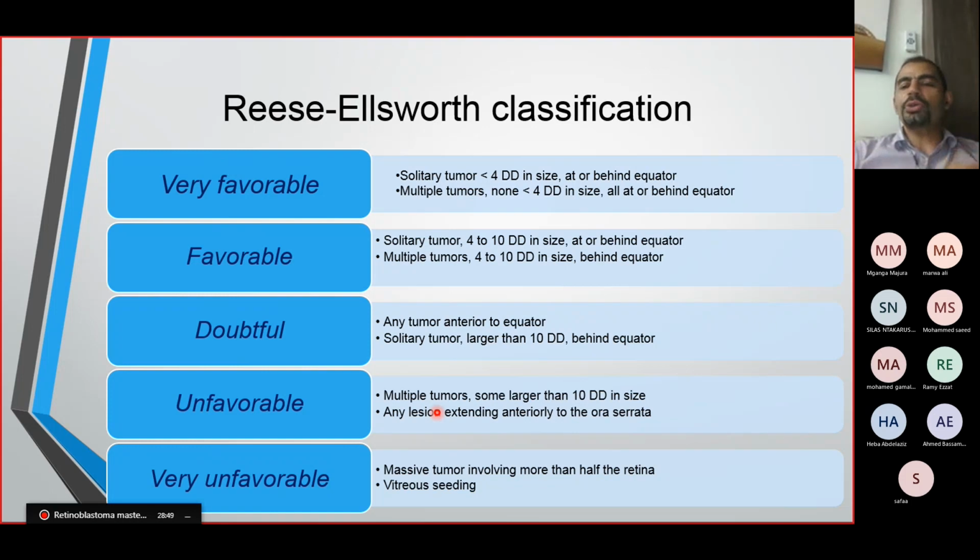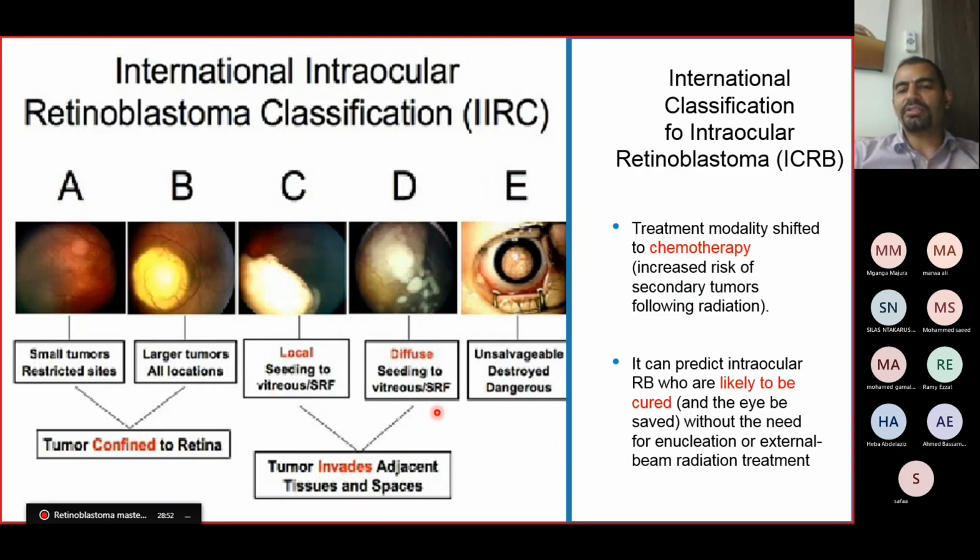What we actually use at the moment is the international classification of retinoblastoma. Nowadays, we use chemotherapy because irradiation was, firstly, not very effective, and it had a higher risk of secondary tumors like the pineal body tumor, for example. The international classification of retinoblastoma focused on the fact that with early detection, retinoblastoma may be completely curable.